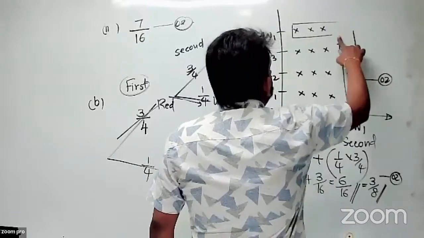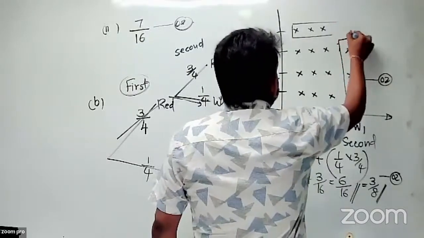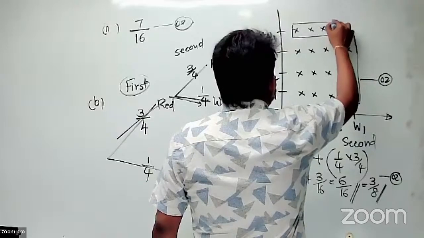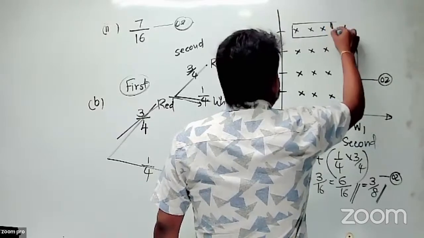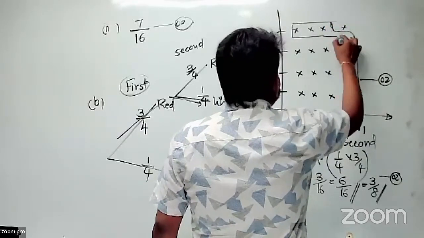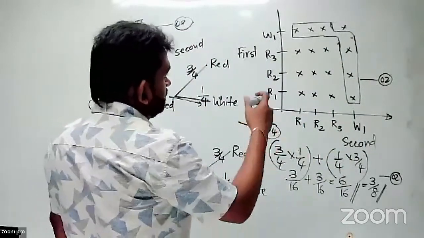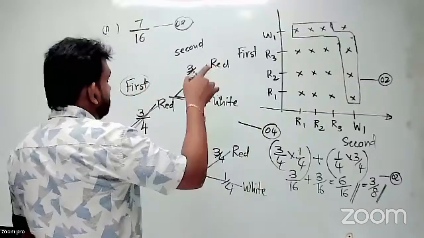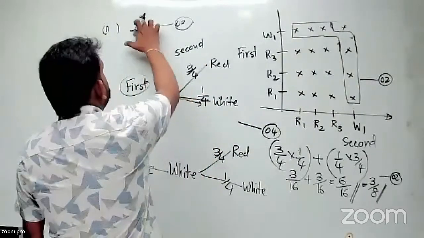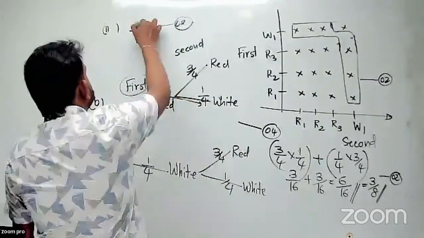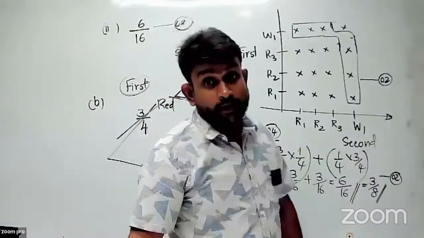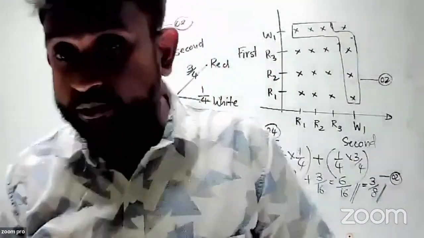Right. This part only. I made a mistake. So the answer here does not change, because white, red, white, red. Here it is 6 upon 16. Right. And simplify. Yes.